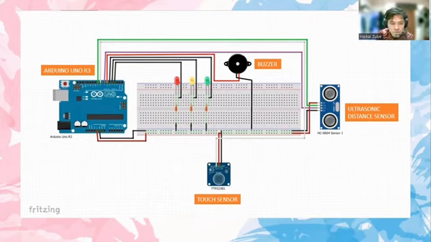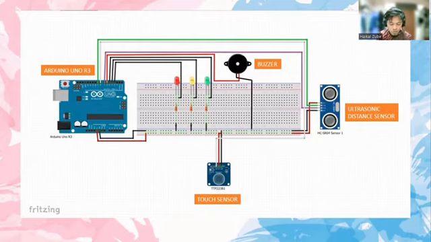And also we use three resistors, which are 330 ohm resistors. Also there is a buzzer to produce sound, which is to make the user more alert.